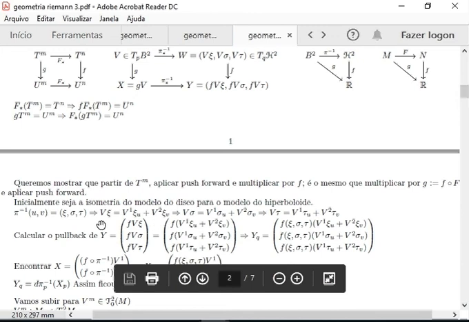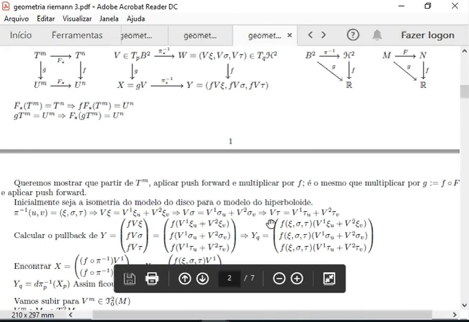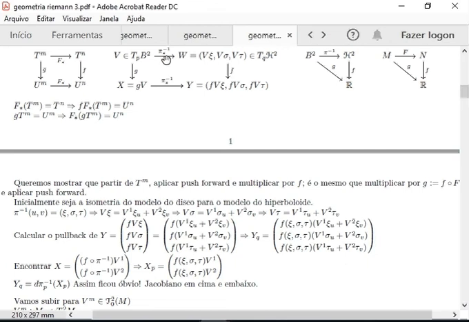We express the tangent vector V at Xi, also V at sigma and also V at tau, V1 tau U plus V2 tau V. V is in TP B2. We apply the push forward of P inverted and get W, big W, V Xi, V sigma, V tau in the tangent space of the hyperboloid at Q.